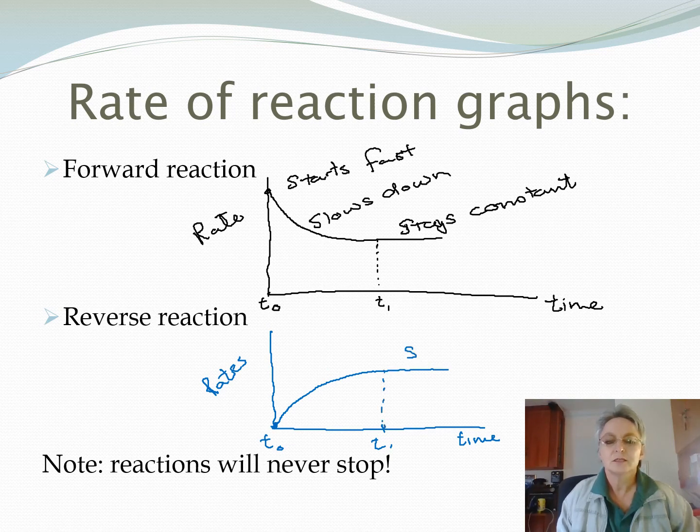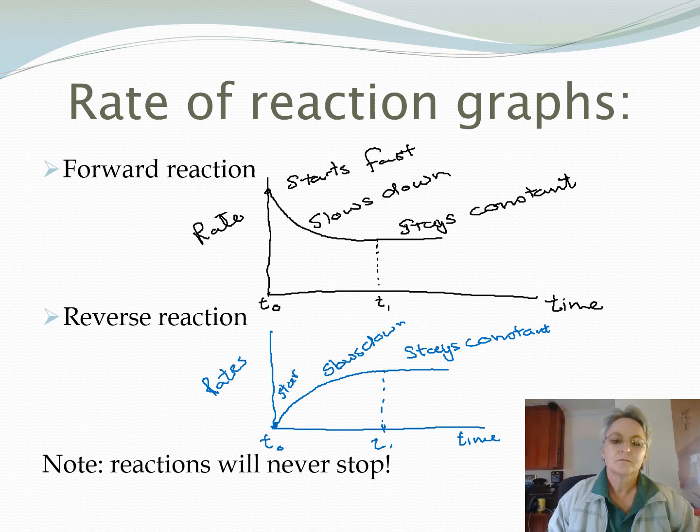So the rate stays constant, and it looks like this graph is a mirror image of the previous one. So the formation of the reagent slows down, and it started fast.